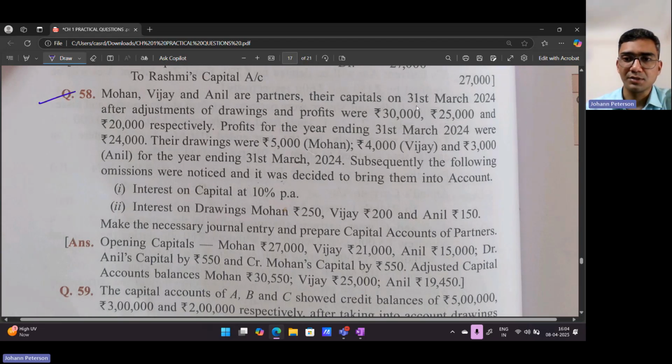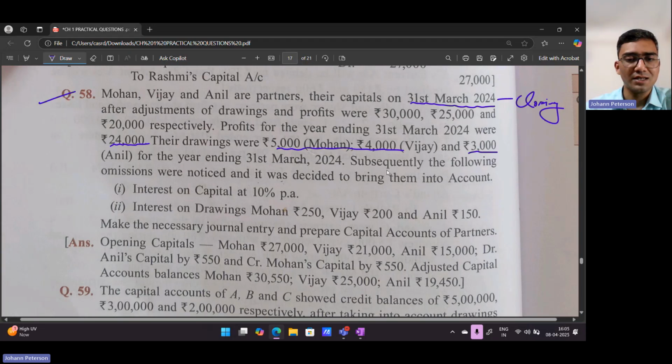So we have been told the capitals on 31st of March. This implies closing capitals. We have been told the profits of 24,000, their drawings of 5,000, 4,000, and 3,000.